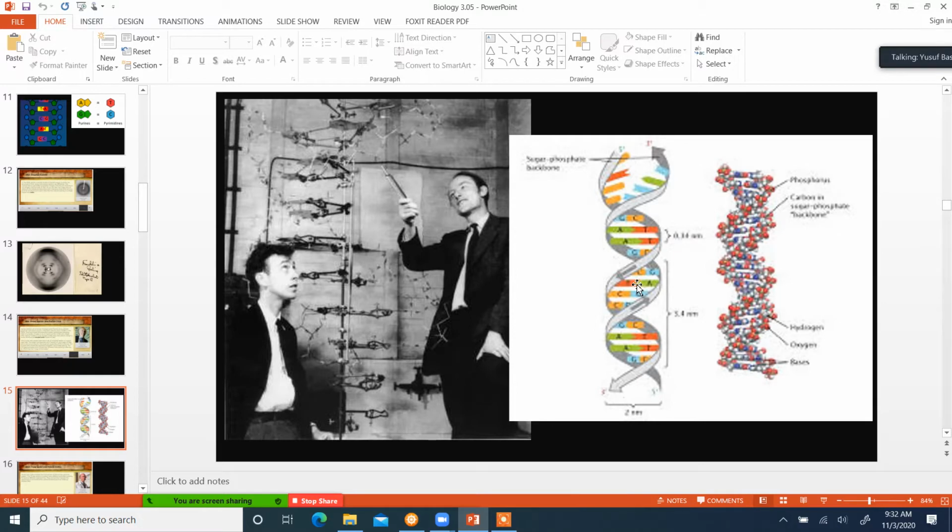I don't know. So Yusuf, why do you think this is called a helix? What does that mean? It has those rotating lines around, and in the middle there are those horizontal lines, and that's the helical shape. Right, so a helix is something that kind of twists around.